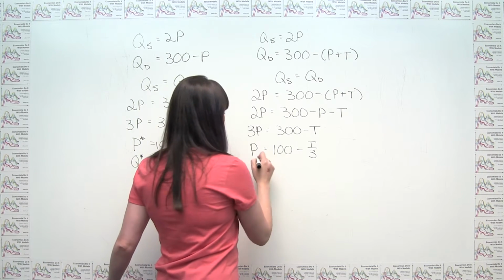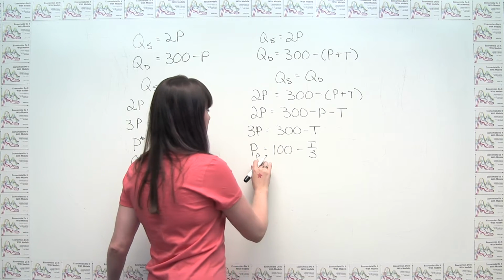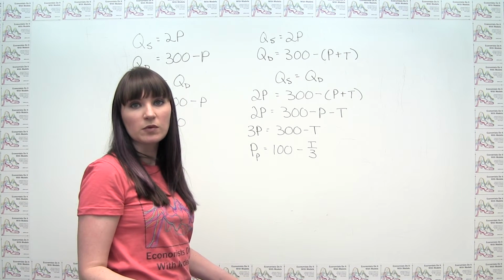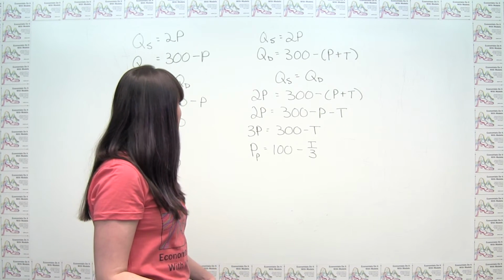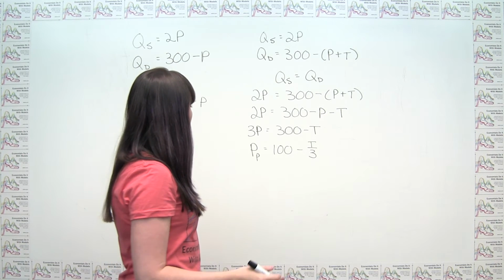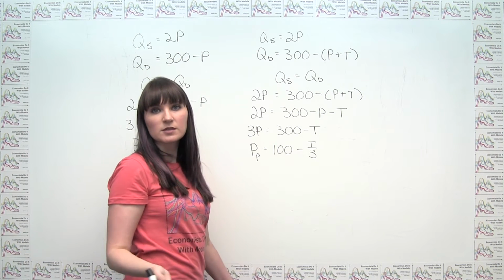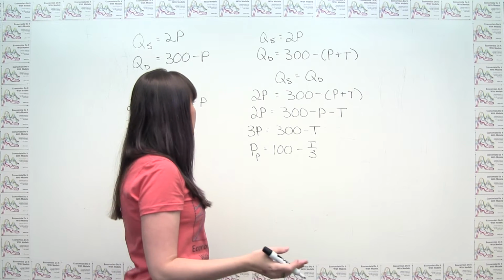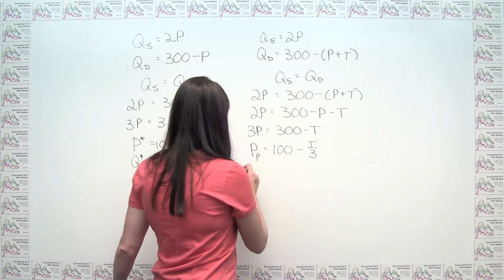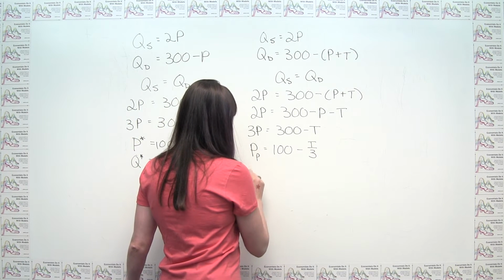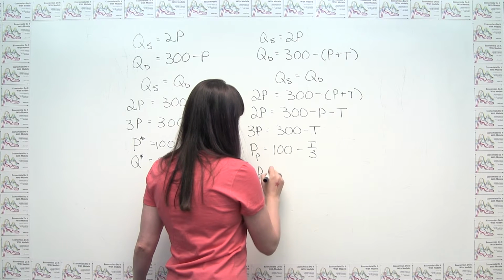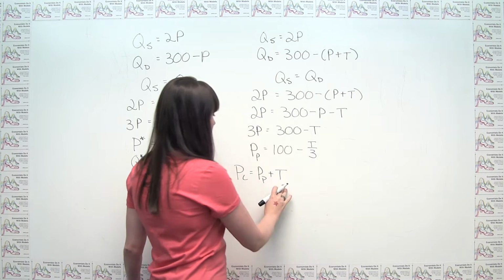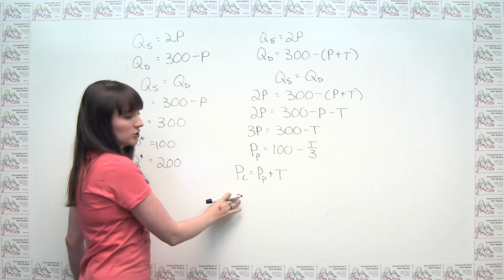So it probably is more clear if we call this P sub P, like we'd been doing before graphically. We can then go back and think about, well, what's our price to the consumer? And hey, guess what? Our price to the consumer, because the consumer is paying the producer, but also paying the tax, is going to have this relationship here.